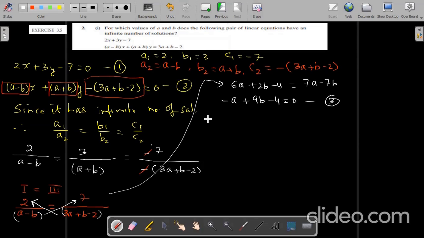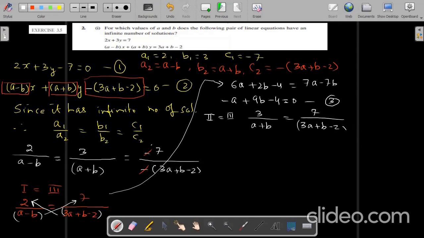And now equate the second part to the third part. The second part is 3 by a plus b, which will be equated to 7 by 3a plus b minus 2.